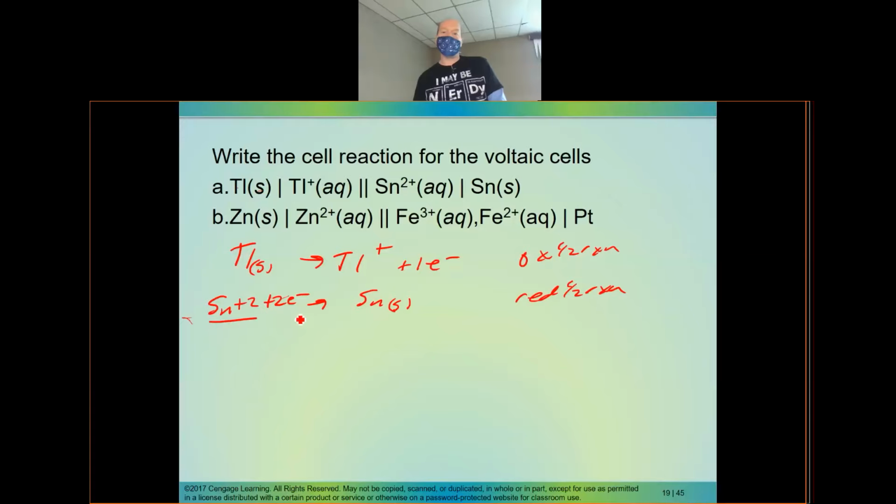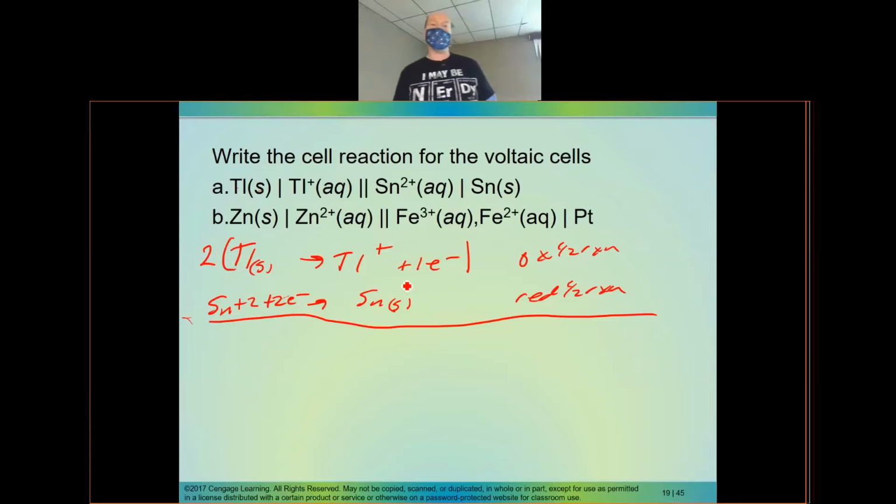And then to get the overall cell reaction, you have to add them up. But anytime you add up oxidation and reduction half reactions, you must have the exact same number of electrons lost as gained. Since we had 2 electrons gained, we had to multiply the first one by 2 to get the 2 electrons lost. And so the overall reaction is 2 Tl solid plus Sn2+ yields 2 Tl+ plus Sn solid.